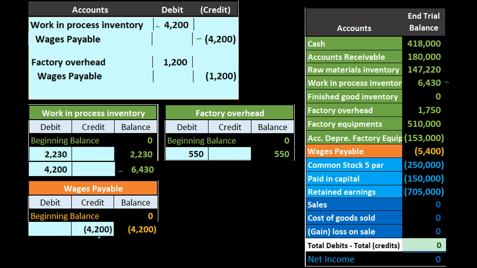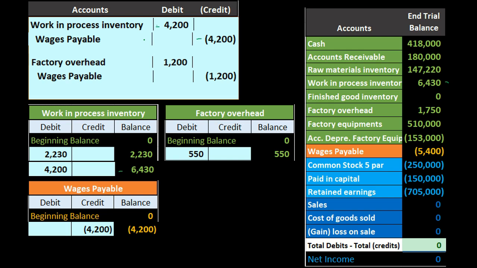And again, you can think about it as if we were paying cash, right? So wages payable is just going to be an intermediary. If this was a very simplified transaction, it would just be a debit to the work in process, credit to cash. And that would be similar to us, again, just processing the payroll. We're not dealing with anything else like the withholdings or anything. We're just looking at a very basic kind of payroll journal entry.